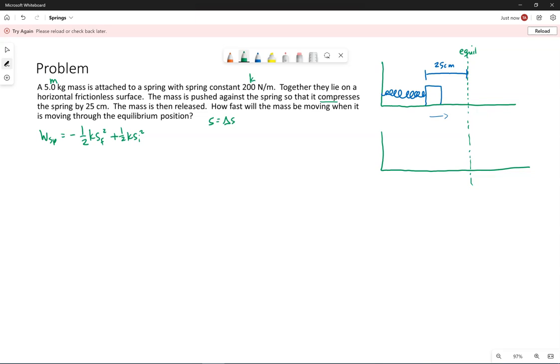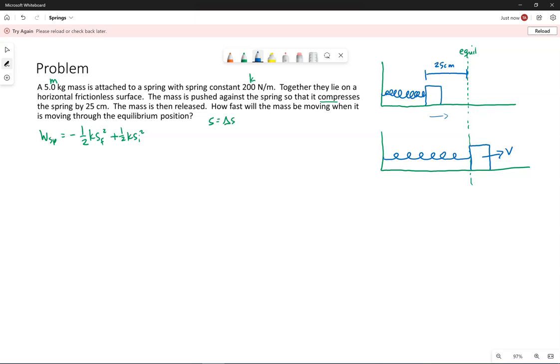My final moment in time is going to be the moment the question is specifically asking for. So the mass is released. It wants to know how fast will the mass be moving when it is moving through the equilibrium position. So we're going to say the mass is here moving, but the spring itself is at its equilibrium position. So essentially this second picture, if the mass was not moving, would be when the system was at rest.